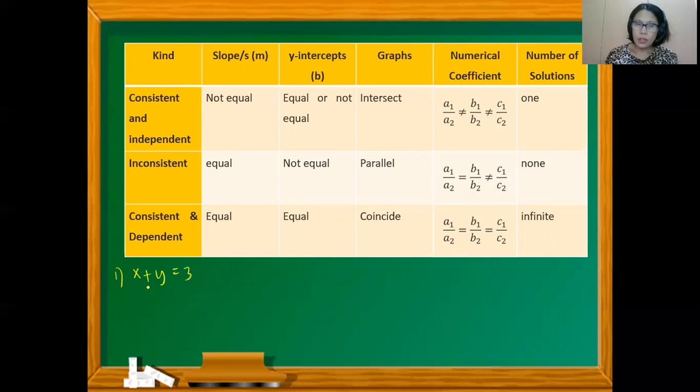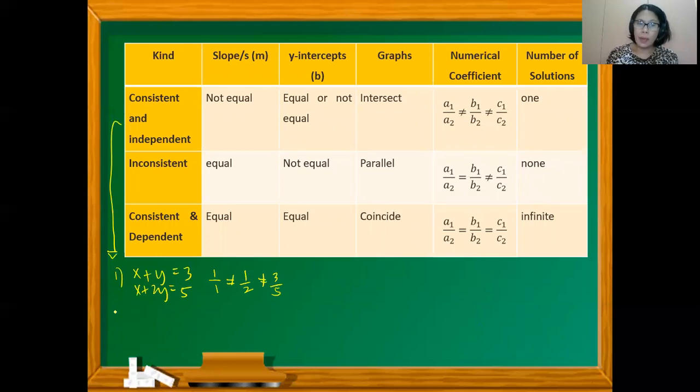I already converted this into standard form so we can identify easily what's A, what's B, and what's C. For the first pair of equations, working on the ratio, this is 1 over 1, which is not equal to 1 over 2, which is not equal to 3 fifths. So that's why this is considered consistent and independent.